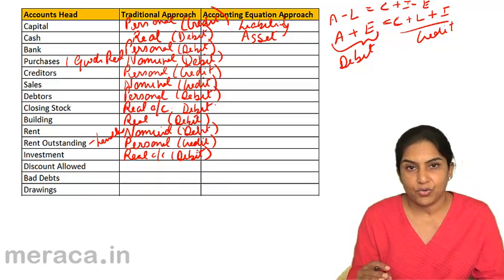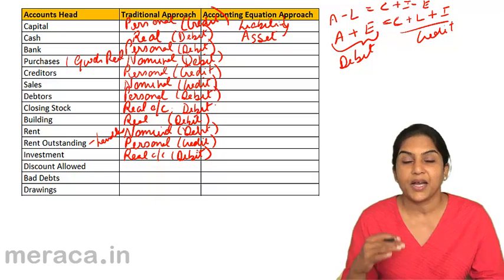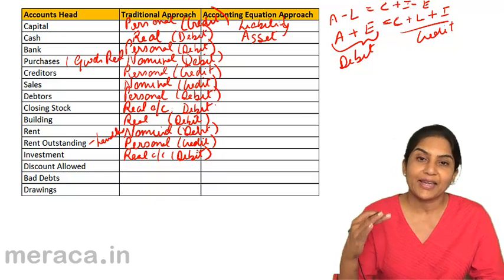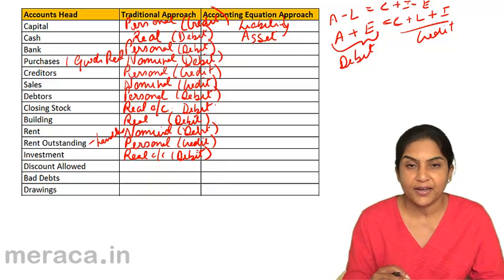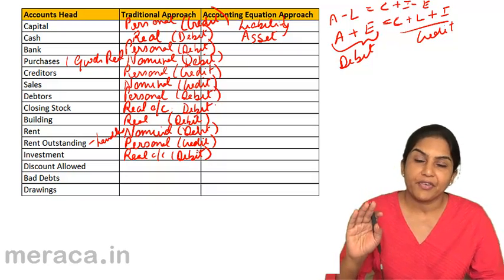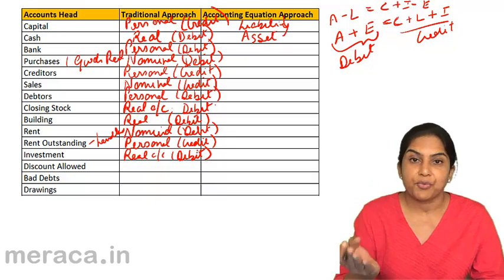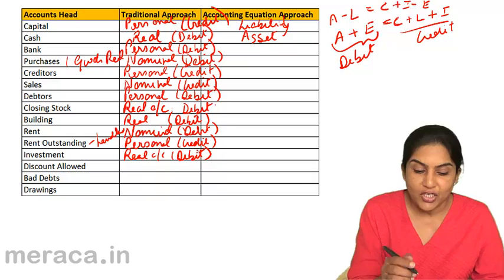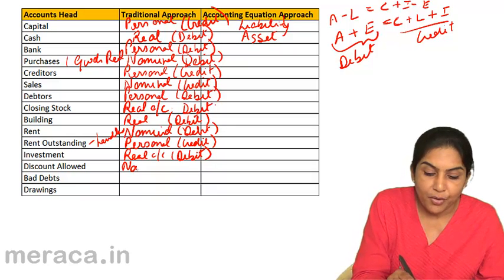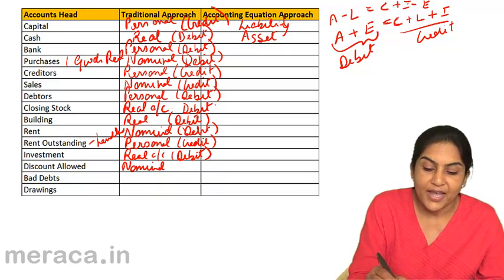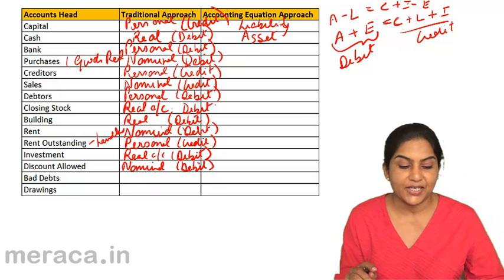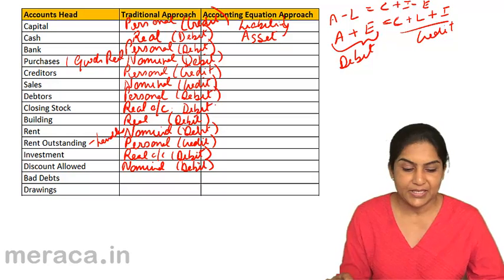Discount allowed. We allow discount. Suppose we were to get 10,000. We now agree to take only 9,800 and we say 200 we don't want. You can retain it provided you pay the money earlier. So this 200 is like a loss for us and therefore it is a nominal account. It is also an expense. Discount allowed is an expense, therefore it has a debit balance, debit all expenses.